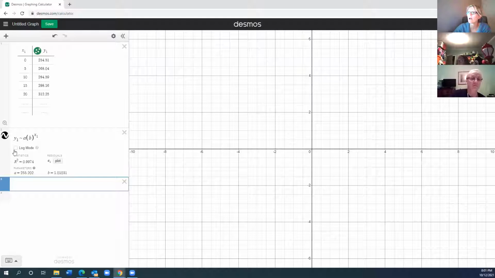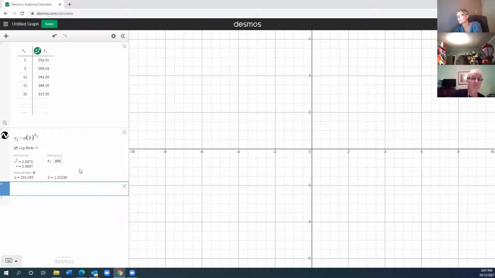So once I hit the log mode, it gives me the R. Oh, okay. So my equation, my model is Y equals, my A is 255.06 times 1.0104. We'll round that, to the X.